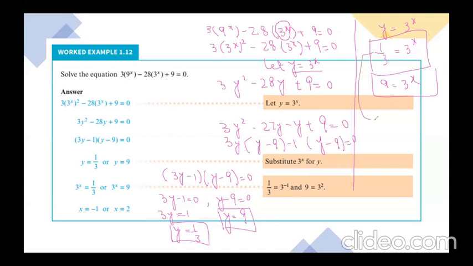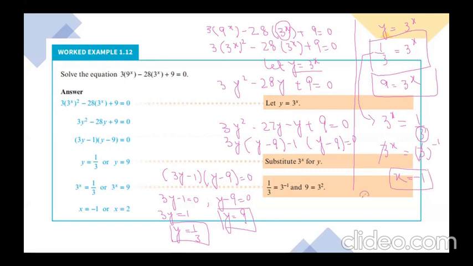For the first form, 3 power x equals 1 by 3. This 3 is in the denominator, so move it to the numerator, and it must carry a negative sign, 3 power minus 1. Now the base and base cancel out and the power is x equals minus 1. So the first value is x equals minus 1.